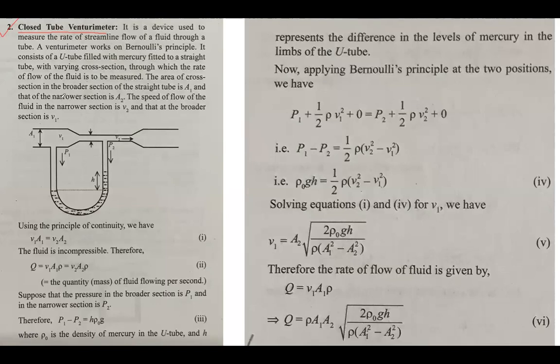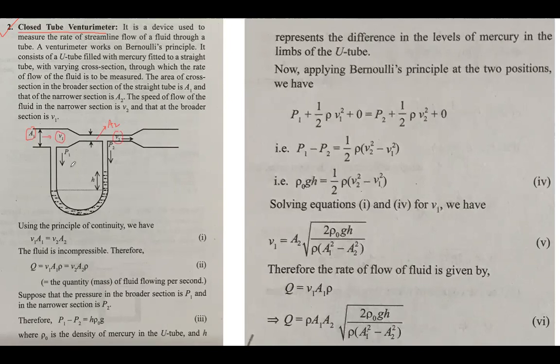The area of cross section in the broader section of the straight tube is A1. Let's say area of cross section here is A1 and that of the narrower section is A2. The speed of flow of the fluid in the narrower section is V2, and that at the broader section is V1.